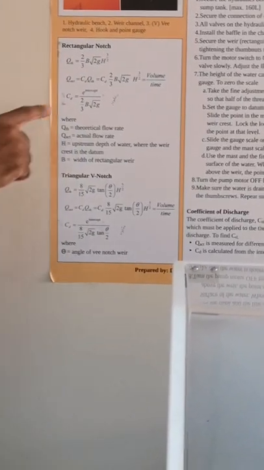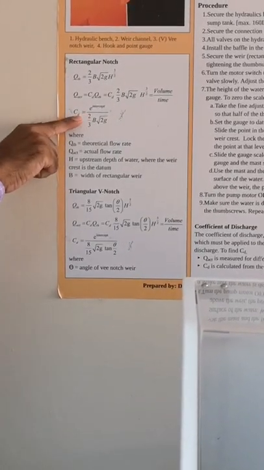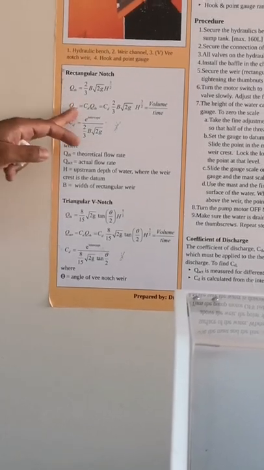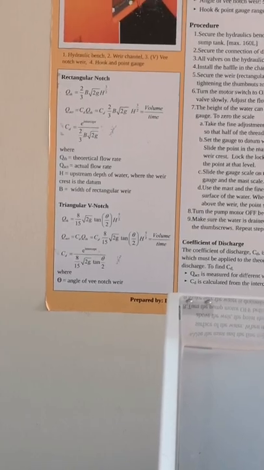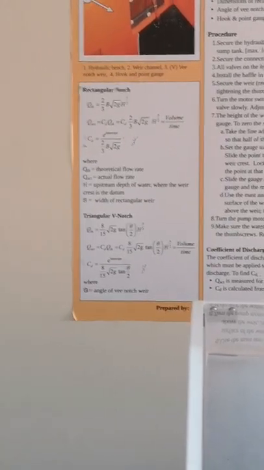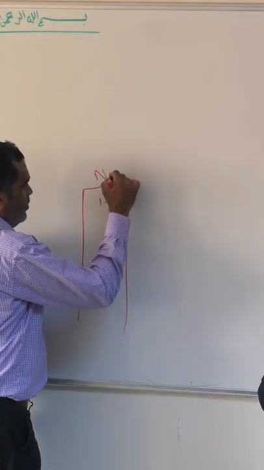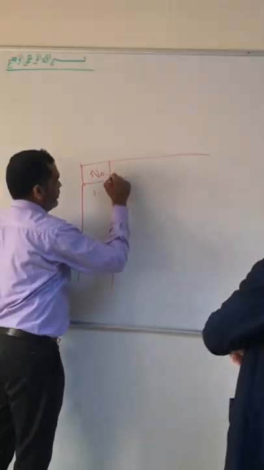But the objective is to determine the coefficient of discharge. So how to determine it? You need to plot actual flow rate versus height, Q actual versus height, in log form.